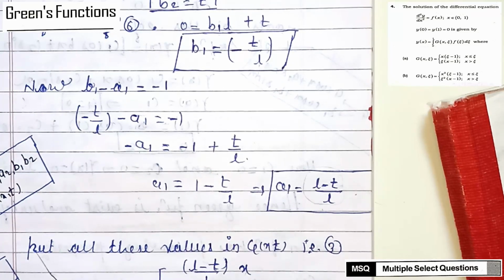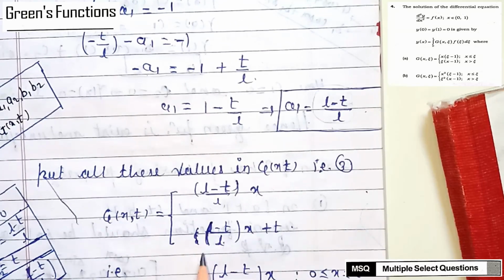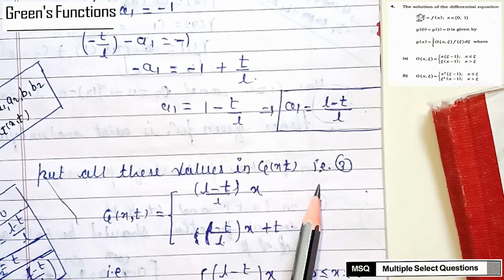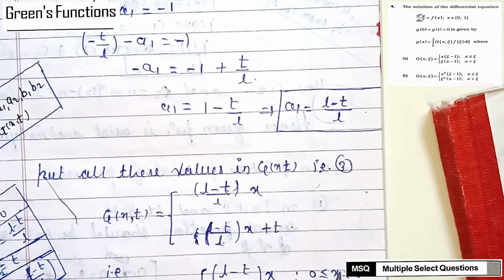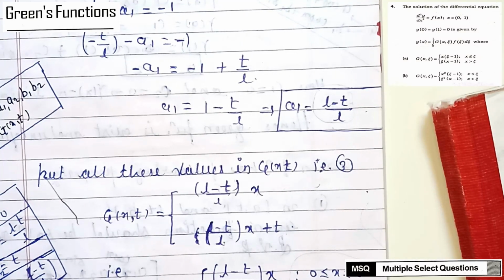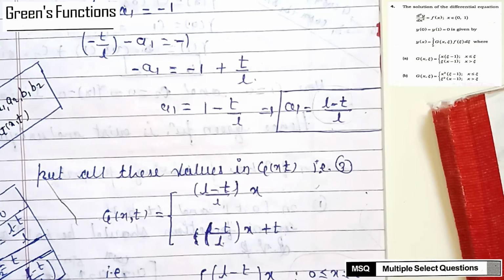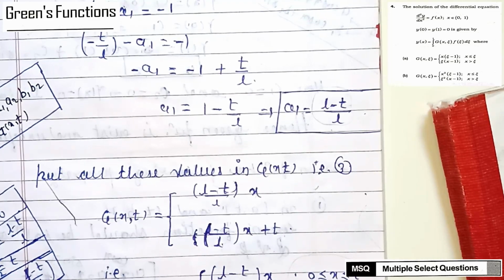And b1 x plus b2, where b2 is t, and b1 x will be minus t upon l into x, which is plus t. So a1 x plus a2 is 0, and b1 x plus b2 is t here. So solving g of x, t in simple form: l minus t upon l into x, for the interval 0 to t, and l minus x upon l minus t, for the interval t to l. Okay, so this is our required Green's function.